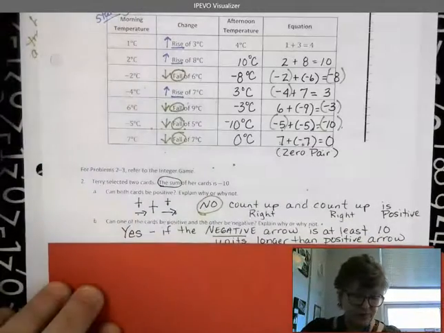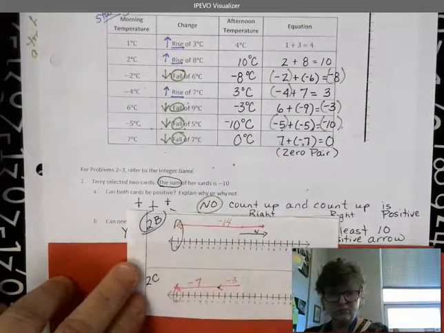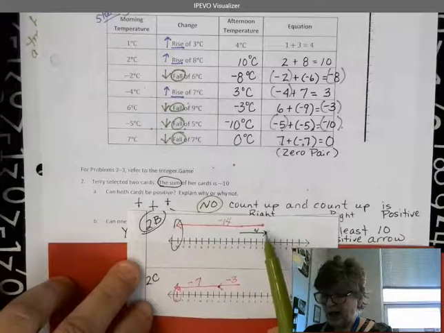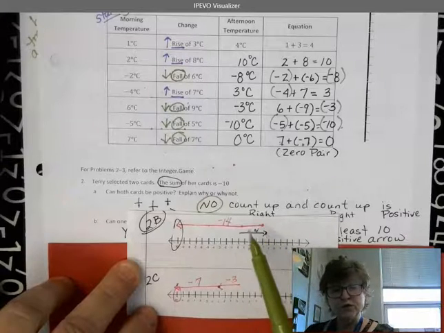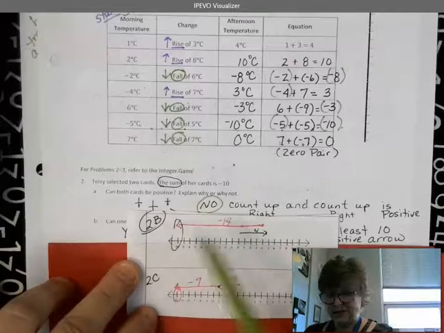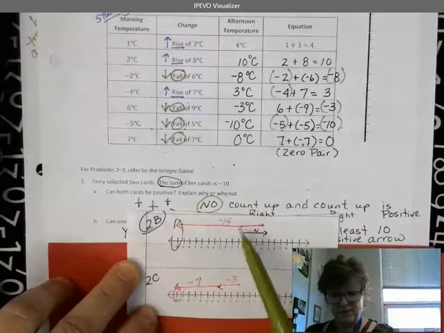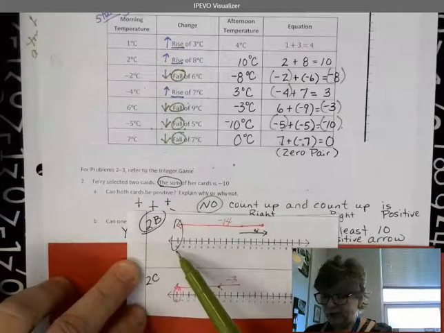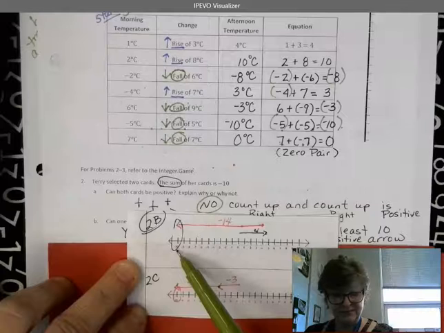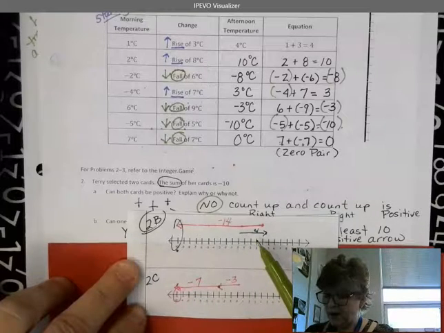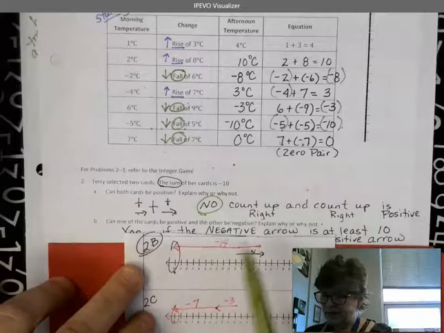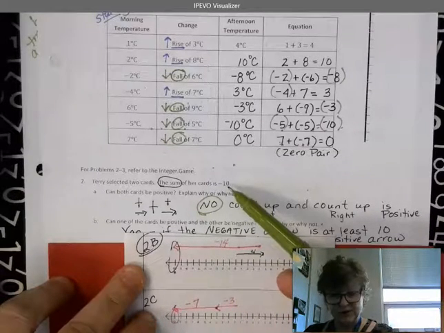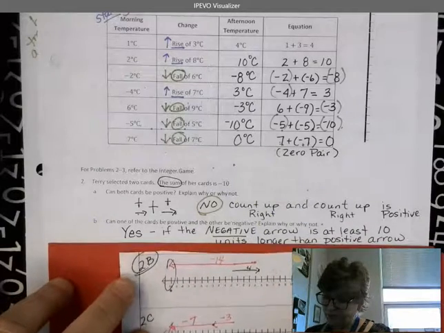So for an example, to assist you, if I'm at +4 and I move to the left, -14, notice there's a 10 difference here in length, okay? Then I would end at -10. So you can have a positive and a negative number, but there has to be at least a length of 10 difference with the negative number.